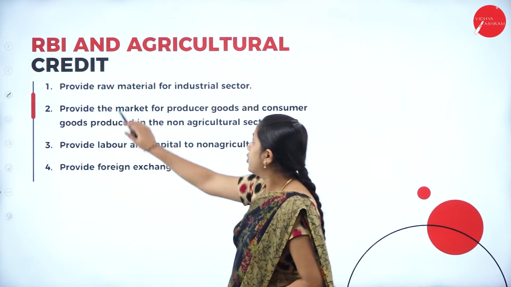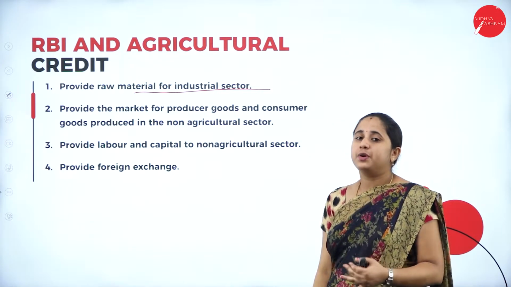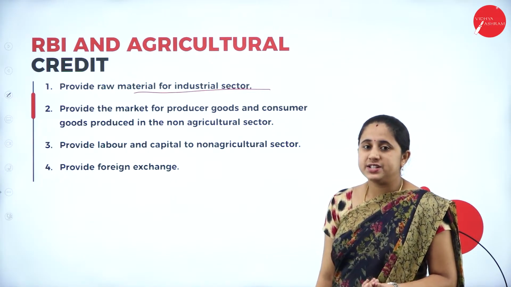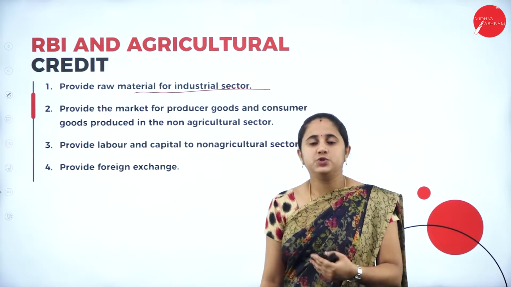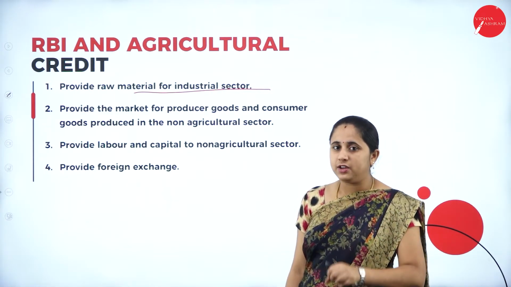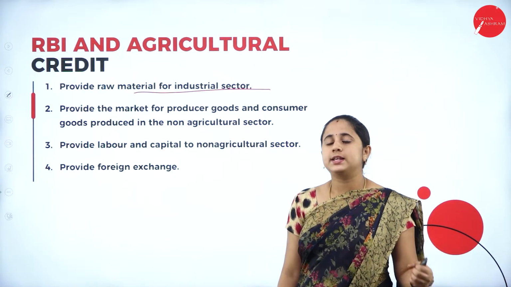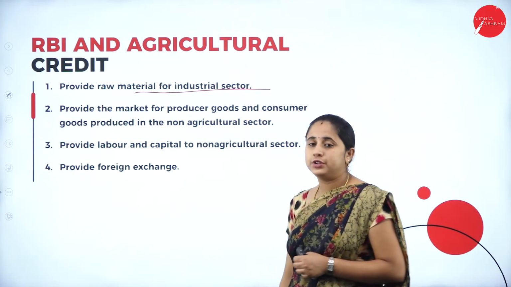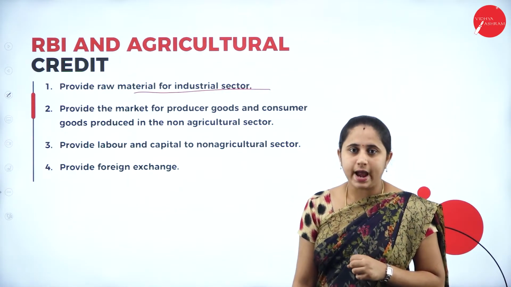Agricultural activity provides raw material for the industrial sector. Using raw material, they manufacture goods and export them or sell them in the market. So in order to manufacture goods or services, we want raw material. The agricultural sector provides raw material for the industrial sector, so all industry depends on agricultural activity.